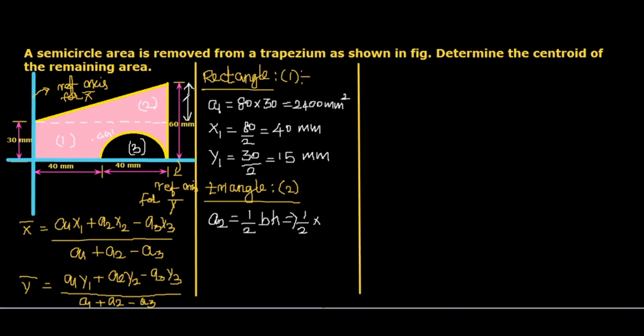From here to here, the total vertical distance on the right side of the trapezium is 60, and from here to here is 30 mm. So the base will be 80 and the vertical distance will be 30. So 1 by 2 multiplied with 80 multiplied with 30, we will get A2 equal to 1200 mm square.